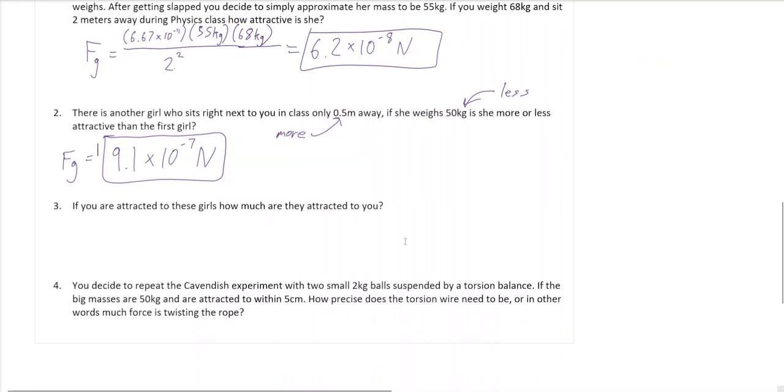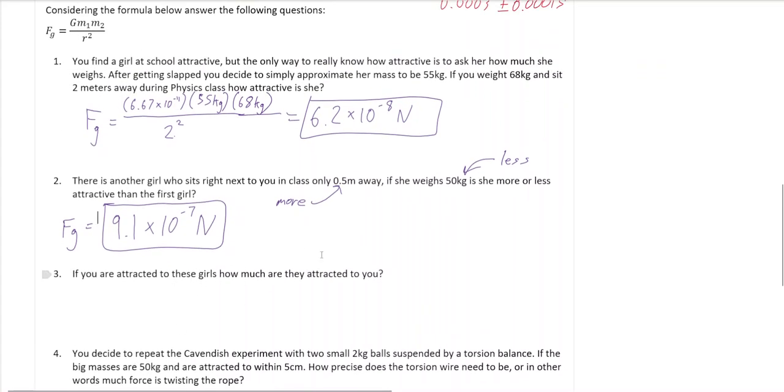So, you know, maybe you're attracted to these girls, but are they attracted to you, and how much are they attracted to you? Well, actually, they're attracted to you exactly the same as you are attracted to them.